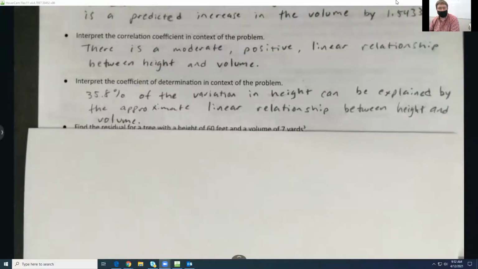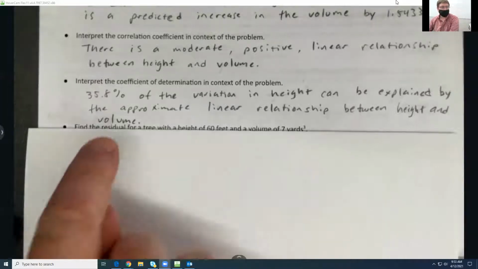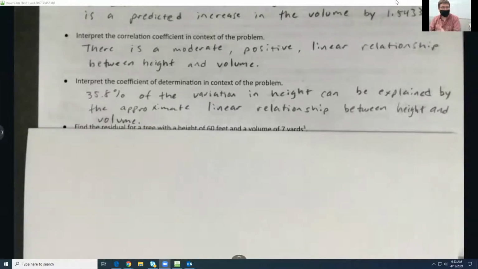We're not saying that height is directly causing volume to increase, but we can say that based on what I've plugged into my formula, the X values I have caused this much variation in my Y. If I were to take this a step further, which we will never do in this class, I could go into multilinear regression, which is more than two things, and add in extra X variables, like a second or third one, and try to get this percentage a little bit higher. But for the purpose of this class, we will never do that. It's just letting you know how much a Y changes based on what your X variables are.